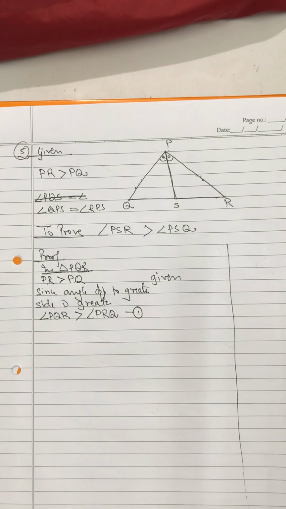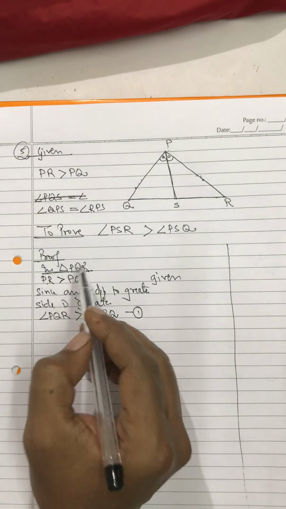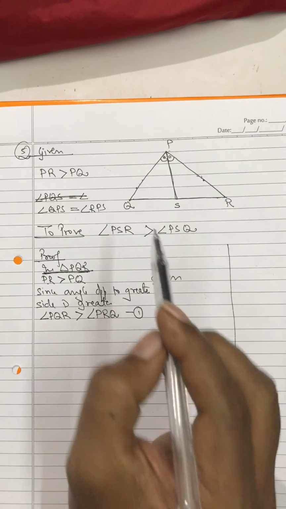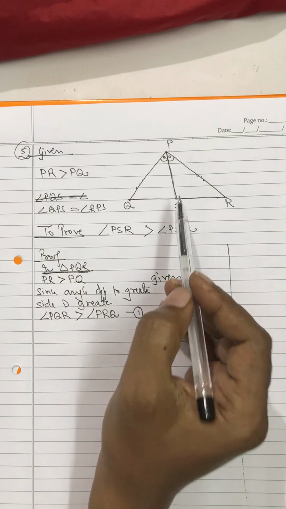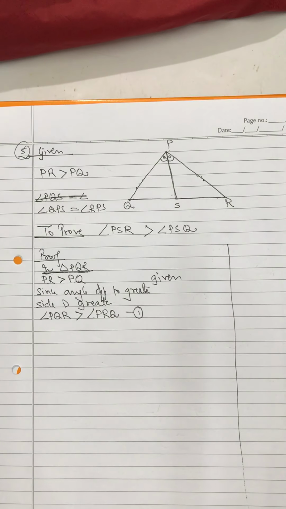That's why it's very important to give the address that you are in triangle PQR. That's why you will be talking about angles of triangle PQR. This will not come into the picture as of now.